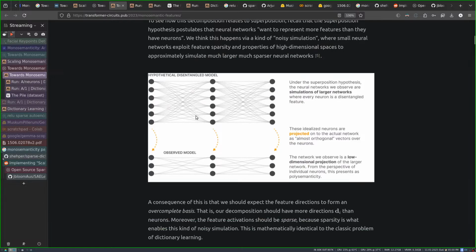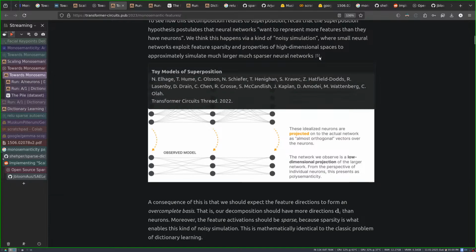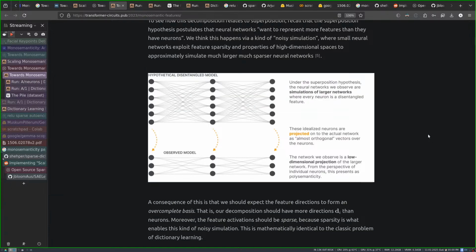Hypothesis of the rectangle model, the observed model. Under the superposition hypothesis, the neural networks we observe are simulations of larger networks where each neuron is a rectangular feature. Oh, okay. So you're saying that for every neural network, there is a higher neural network where the features are rectangular.